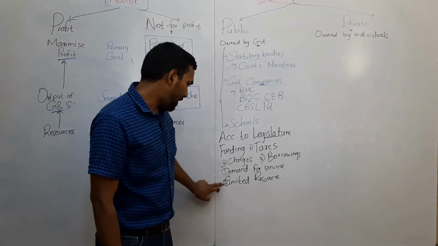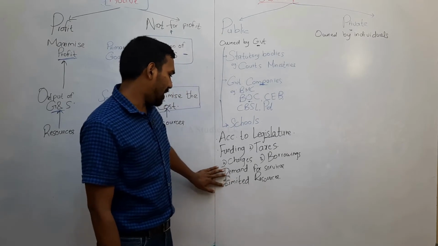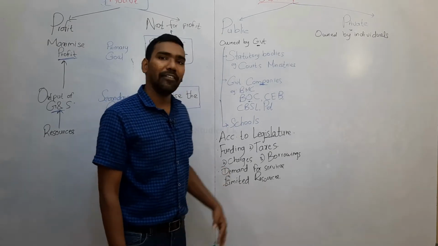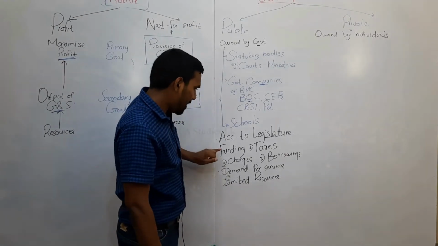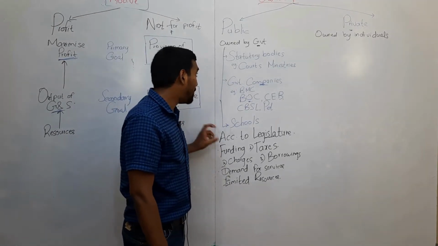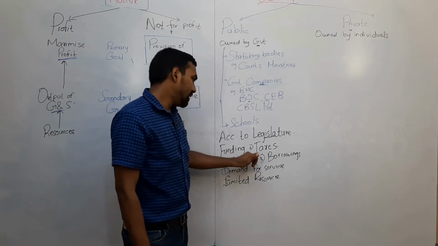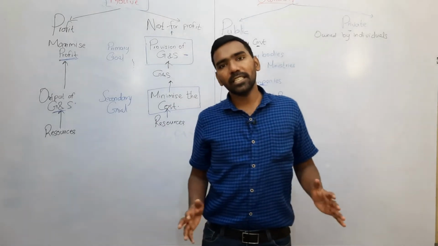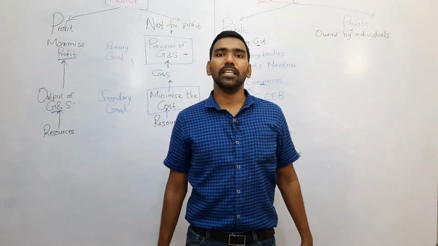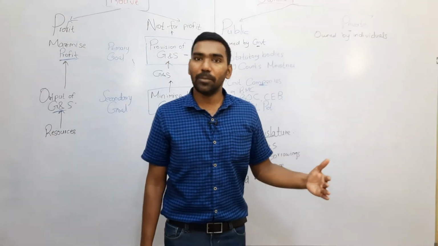On the other hand, there is unlimited demand and the resources are very limited, because as I said in the earlier point, the government or public organizations are funded through taxes, charges and borrowings, right? So the resources a government gets are very limited. You might have seen how government budgets work.